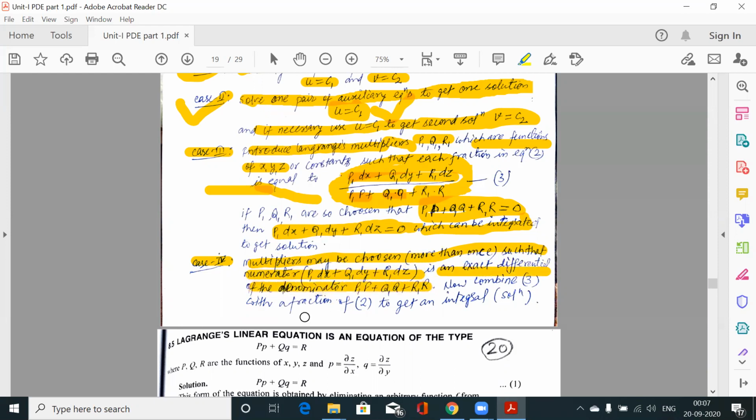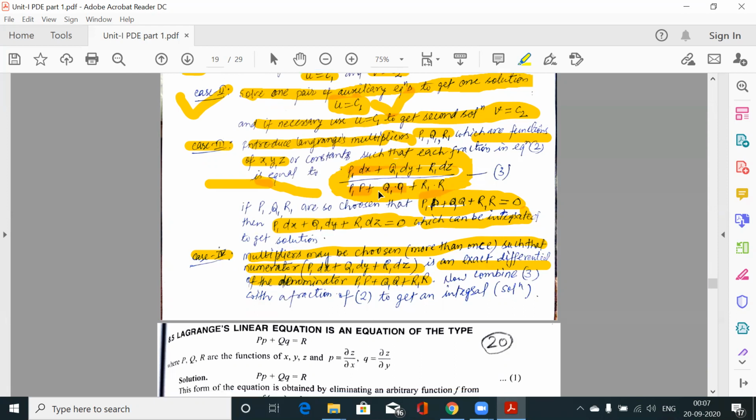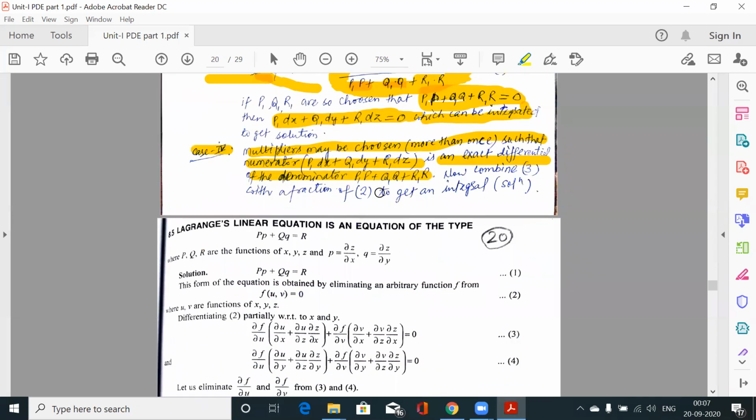This is the fourth case. So these are four possibilities to get two integrations.